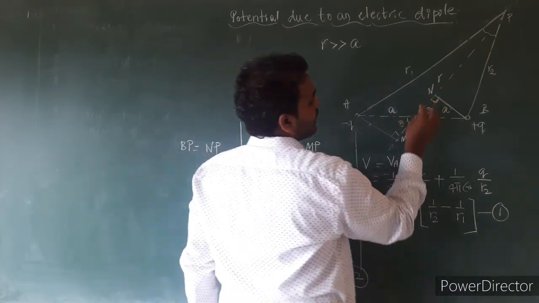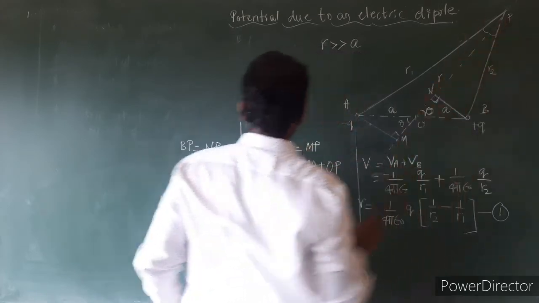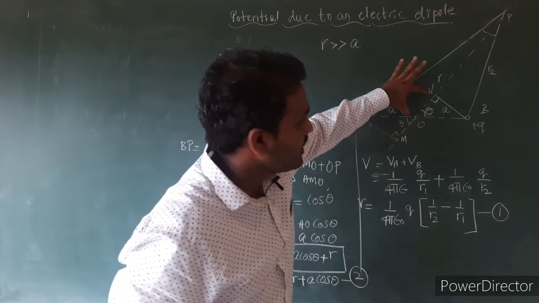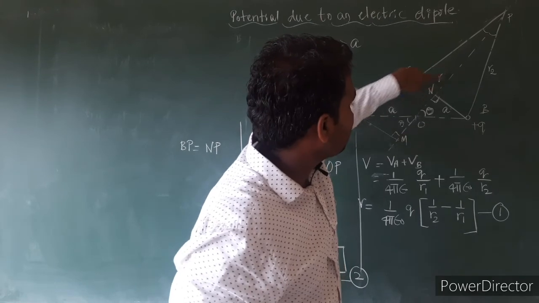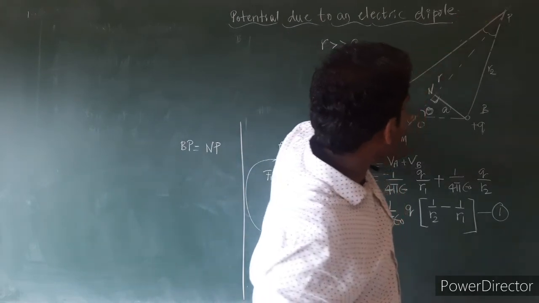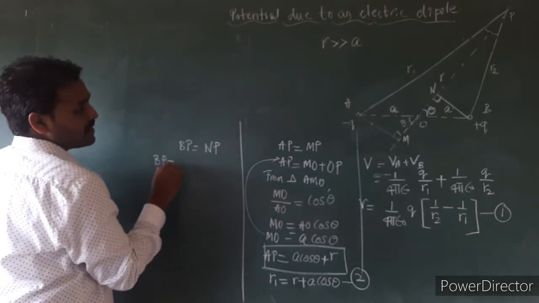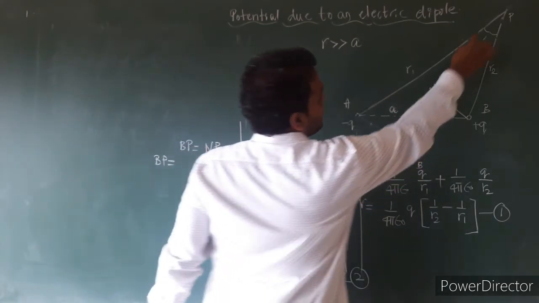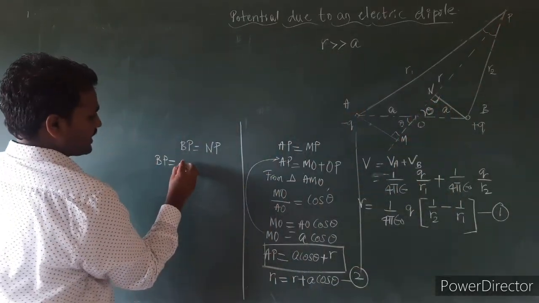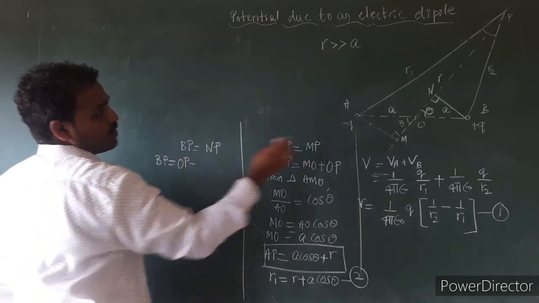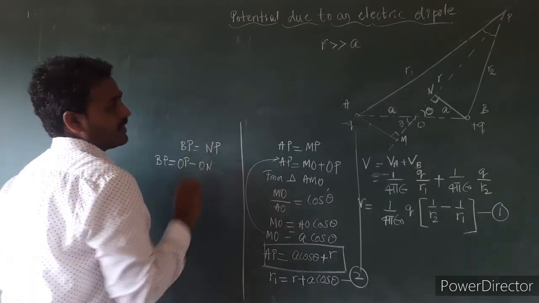For that, observe this line O to P. From this I can write NP is equal to OP minus ON. So, on the LHS I already have BP, and NP is nothing but OP minus ON.